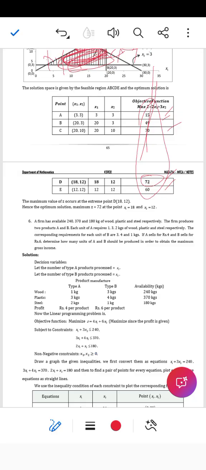Of these values let us choose the maximum one, that is 72. It is the solution for the given problem: the maximum value of z occurs at the extreme point D of 18 comma 12. Therefore the optimum solution is maximum z equal to 72 at the point x1 equal to 18 and x2 equal to 12. So it is the final solution.